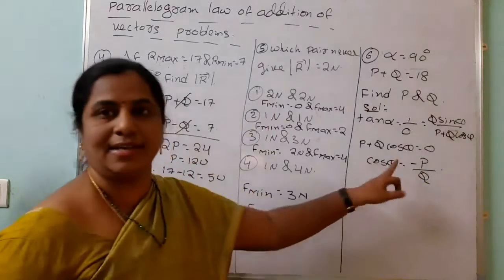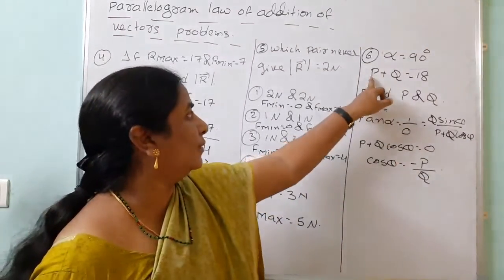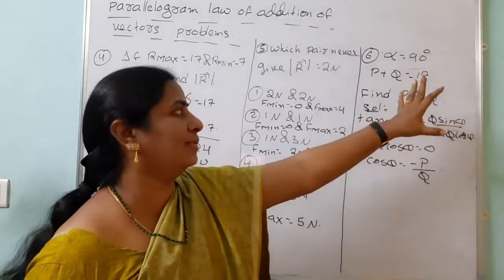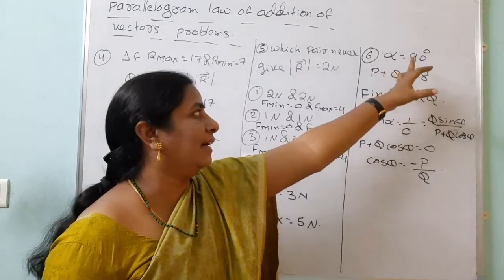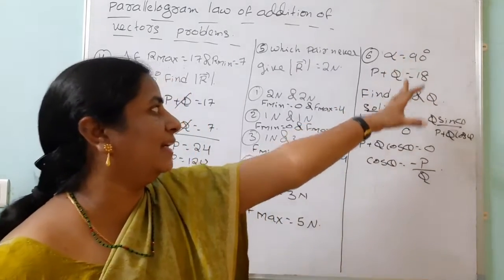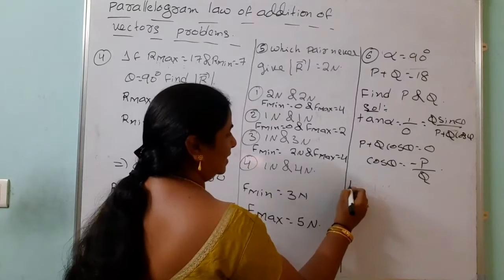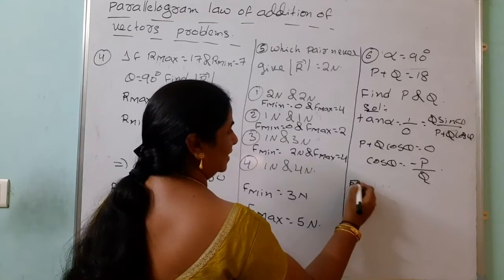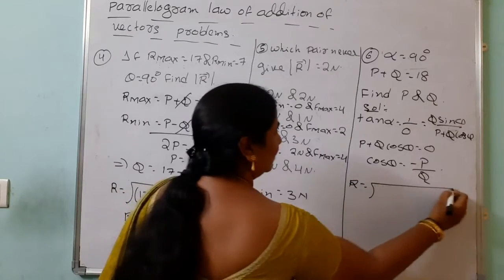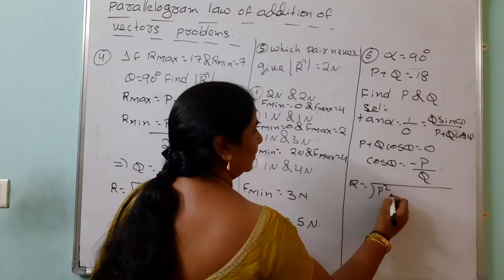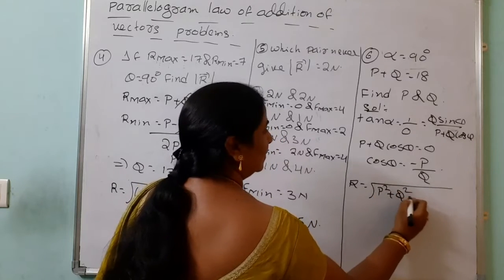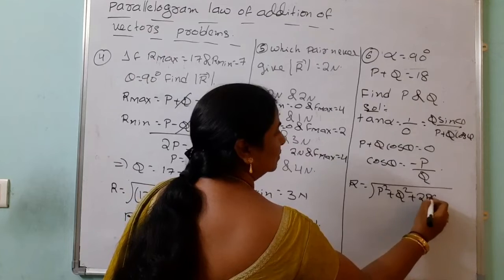Now we know the cos theta. Then we know the maximum, P plus Q also. They have given 80, and the angle between them will make 90 degrees. Now you come to this one. See, the resultant, what is that? R equals under root P square plus Q square plus 2PQ cos theta.